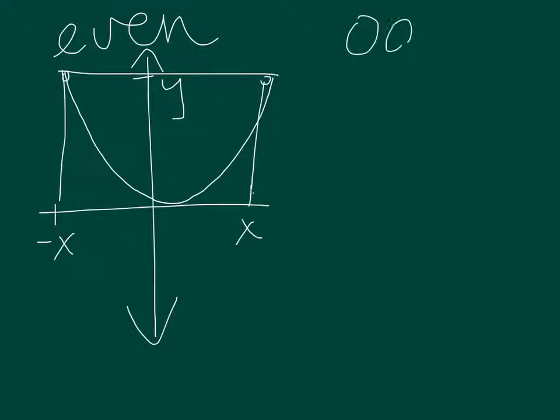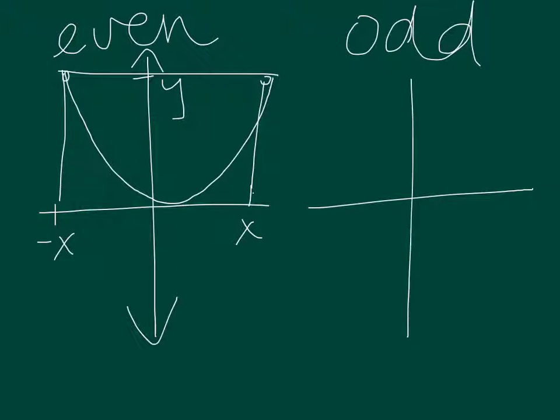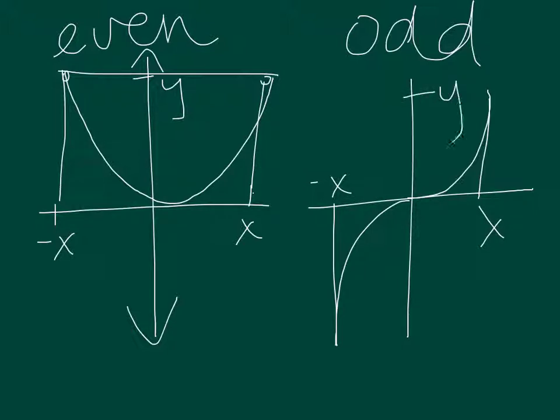If a function is odd, it has symmetry with respect to the origin. Every point x has a point negative x. And if x has a value of y, then negative x has a value negative y.